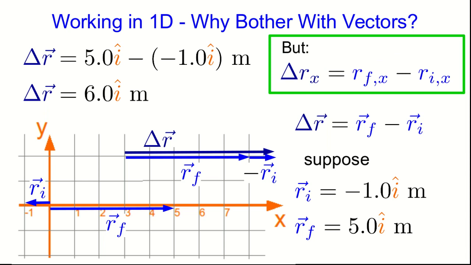What is true, though, is that the x component of delta r is the subtraction of the x components of r_f and r_i. And that's just what we've already seen as how we do vector addition and subtraction. So, even though we're in one dimension, we should still pay attention to the difference between magnitudes of vectors and their components.